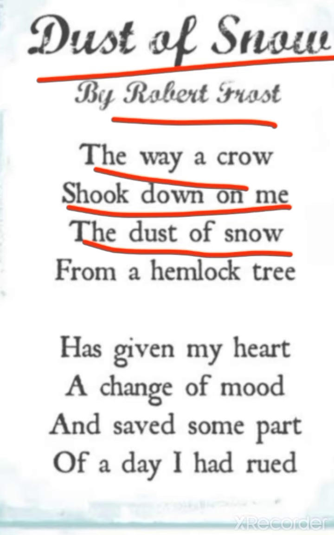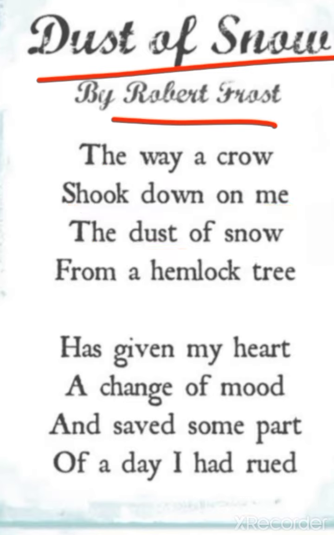Now let us discuss the literary devices used in this poem. So the complete poem has imagery, because an image of the incident, the hemlock tree, the crow, is created in your mind. And then we have enjambment in the entire poem. Now, what is enjambment?